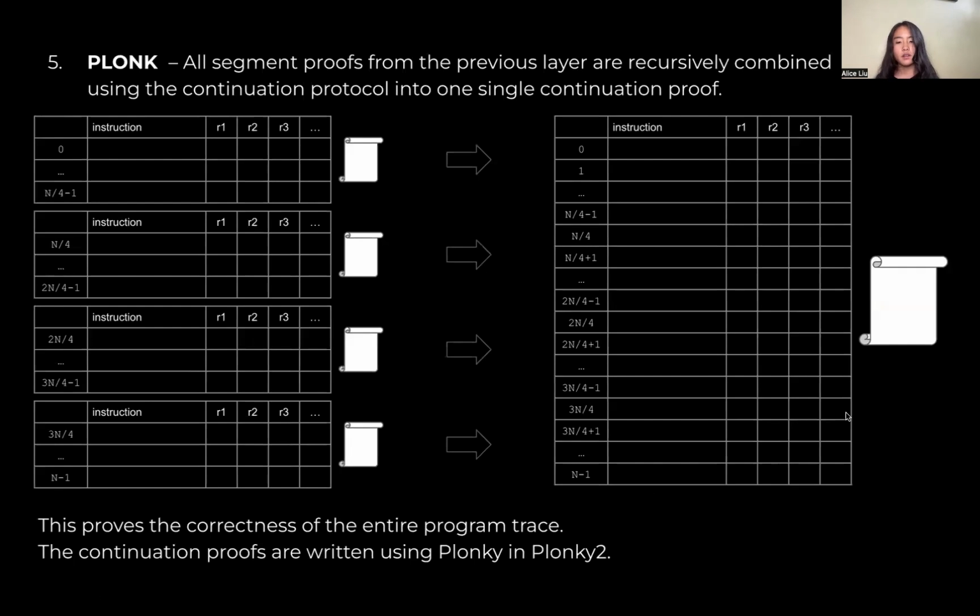And then the next part that involves Long, all of these segment proofs from the previous layer are recursively combined using continuation into a single proof called the continuation proof. And this proof will prove the correctness of the entire program trace.